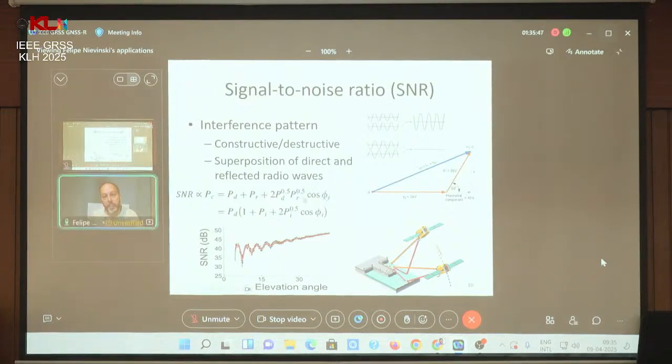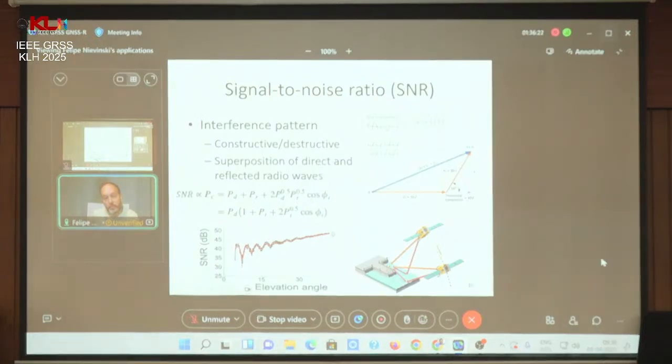The oscillation arises from the simple sine of phi I, which we call the interferometric phase, the phase difference between the reflected and the direct waves. There are other functions here. The Ps, these are powers. So we have the direct power, the reflection power, and then both of them are involved in this oscillation.